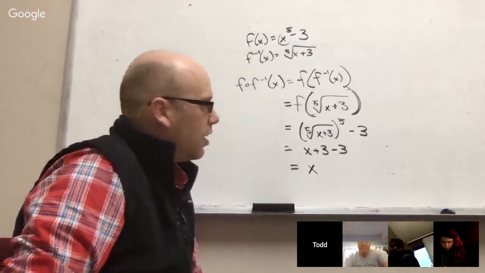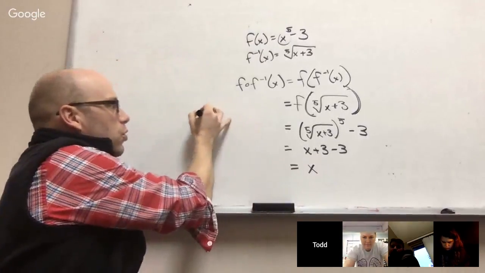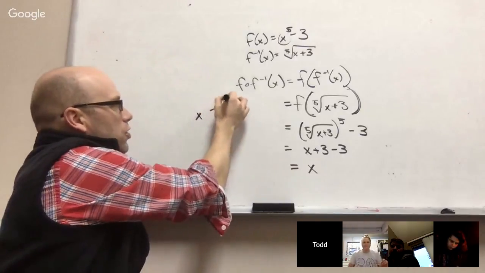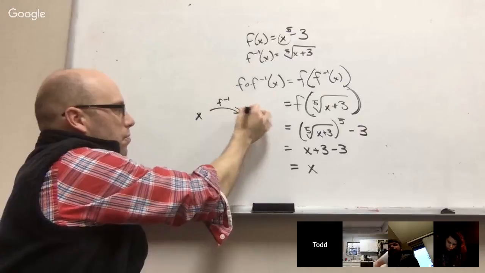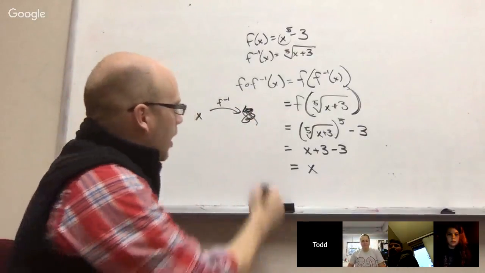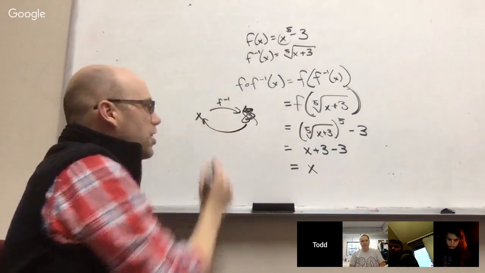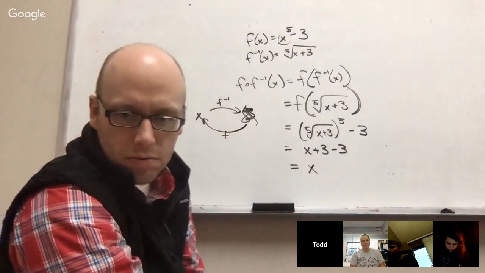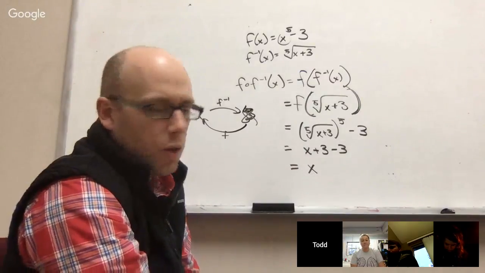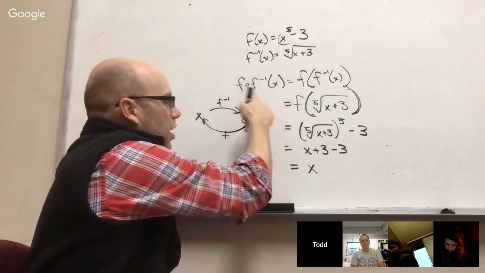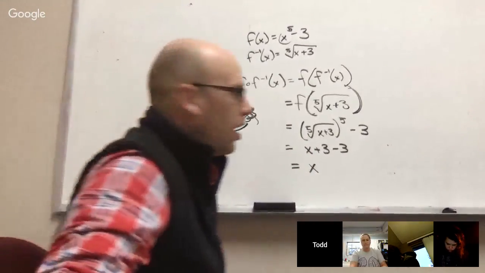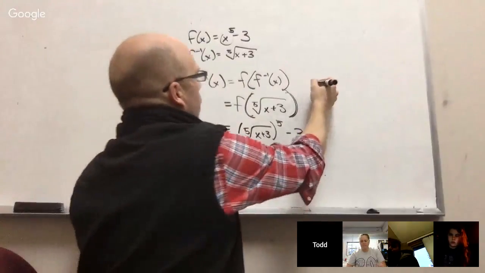Now this should make sense. Think about what you're doing. You're starting with x, applying f inverse to it and getting some output. If we apply f to that, it should take us right back where we started. So when we compose a function and its inverse, it should always give us back x. And you can see it the other direction as well.